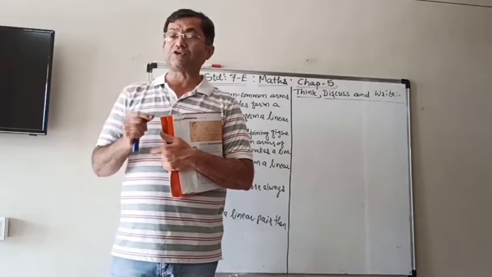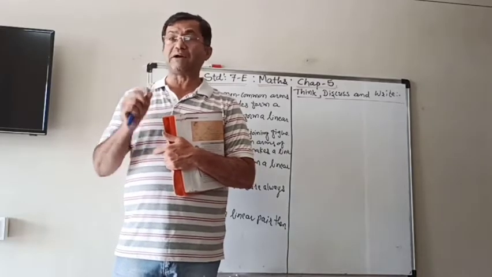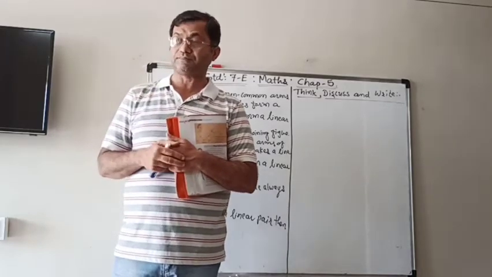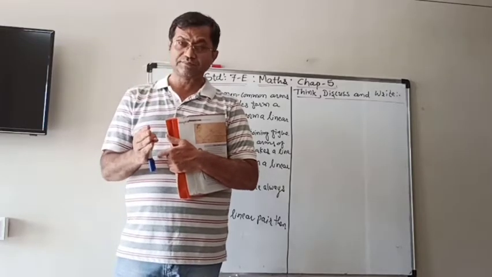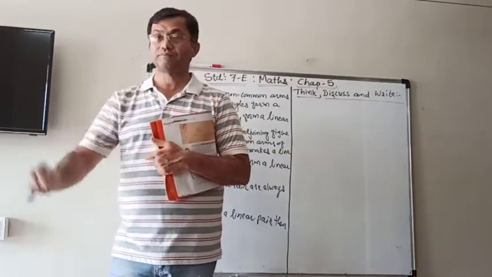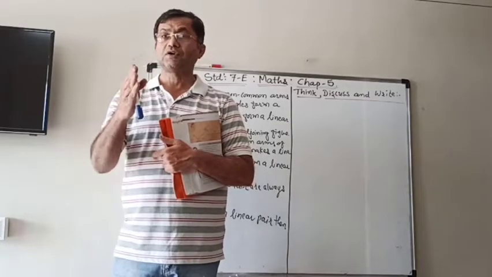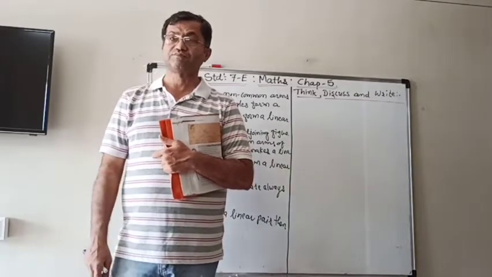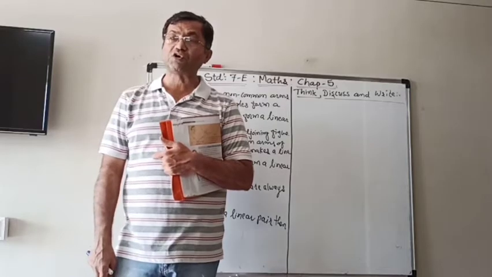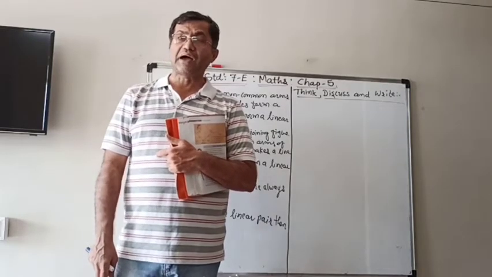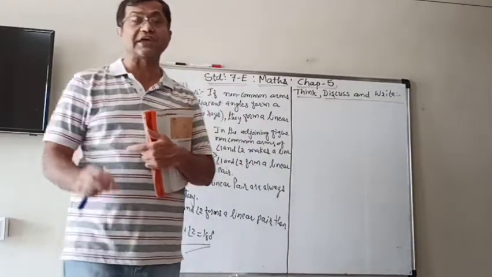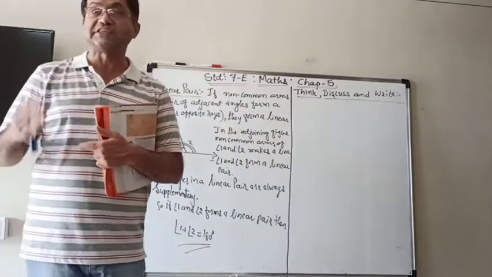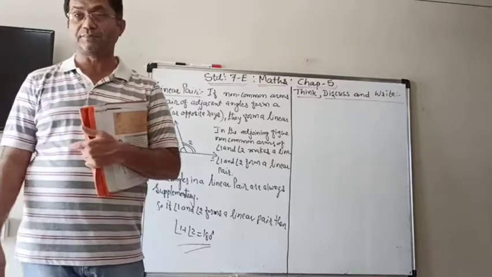Now the common arm is there, but there are non-common arms there. So if the non-common arms make a line or opposite rays, then those angles are said to be the angles of the linear pair. They form a linear pair.